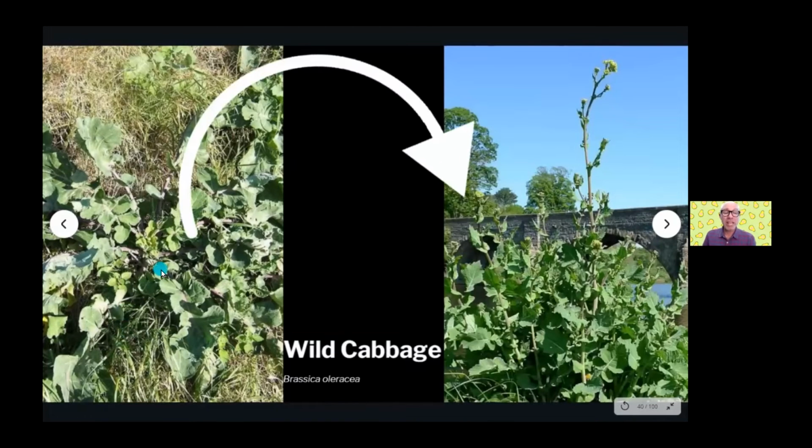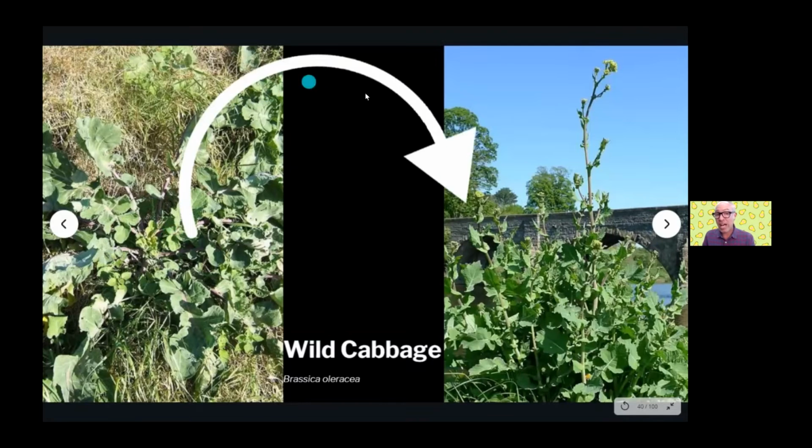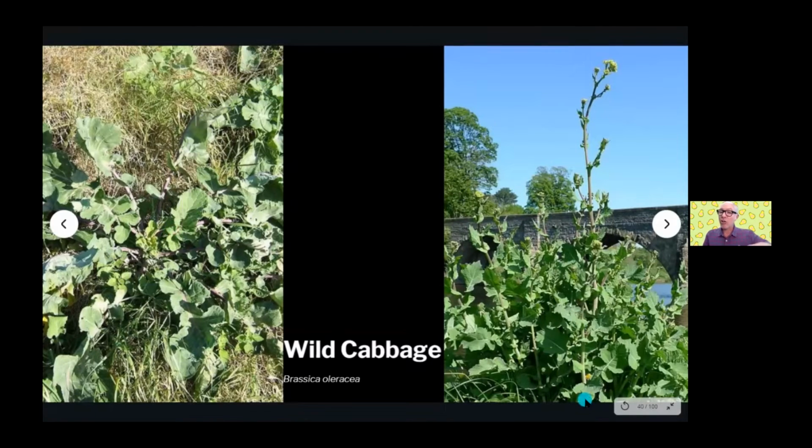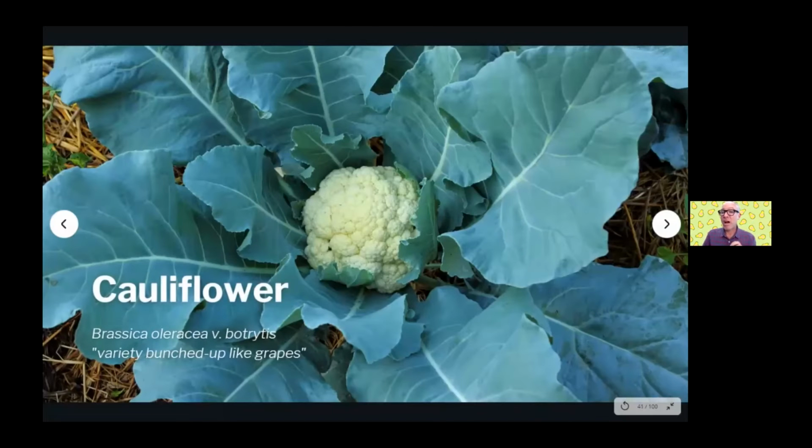We're going to prevent this plant from going from a nice flat rosette into a great big, tall, 2.5 meter tall, flowering wild cabbage. People aren't going to let that happen. We're going to stop it. And we're going to select for those plants that are so mutated that they almost can't reproduce anymore.